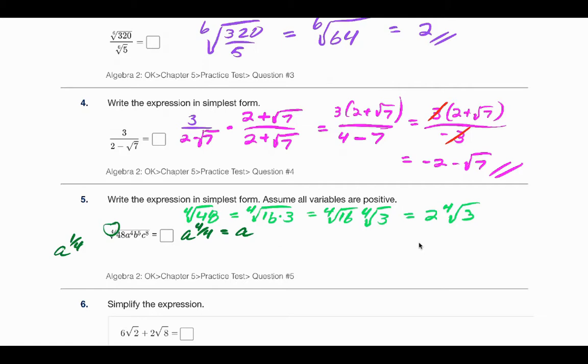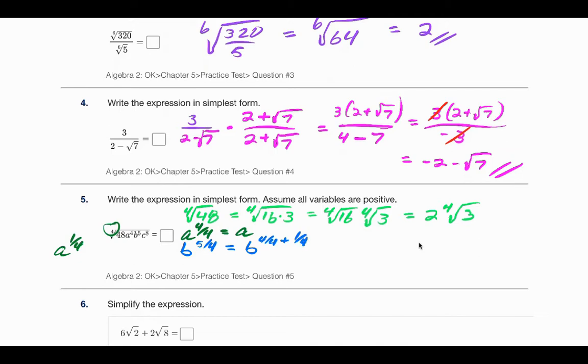Same thing when I look at my B there. I'm going to write it as 5/4. Now remember, I can rewrite that as B to the 4/4 plus 1/4.